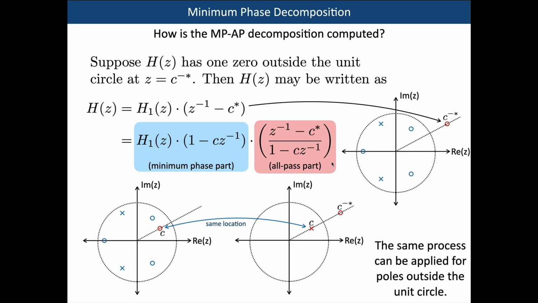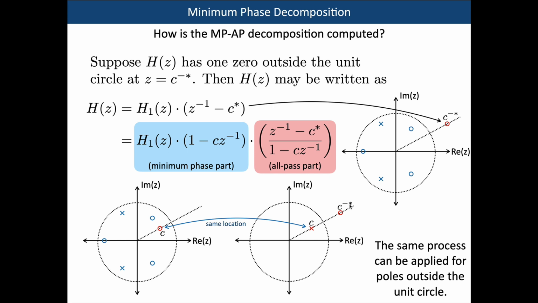So what we're going to do is introduce a zero and a pole at the location c, and that location is inside the unit circle at the conjugate reciprocal location. So again, it's on the same ray as the bad zero, and then we're going to keep the pole lumped with the zero outside the circle.